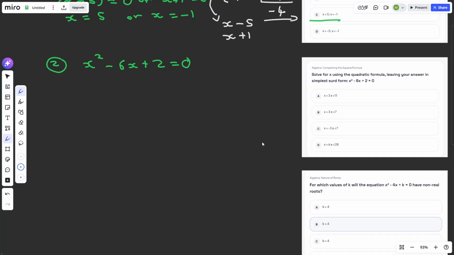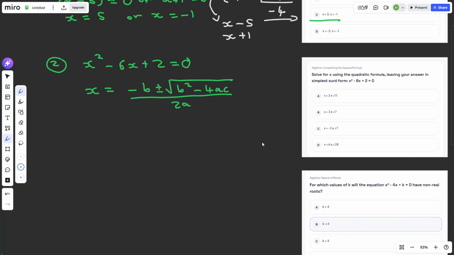So now, let's first define what our quadratic formula is. So x is equal to minus b plus minus square root of b squared minus 4ac, and divide all of that by 2a.